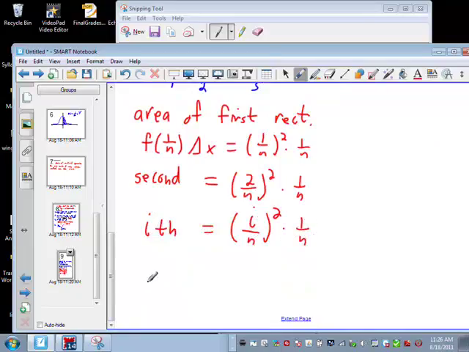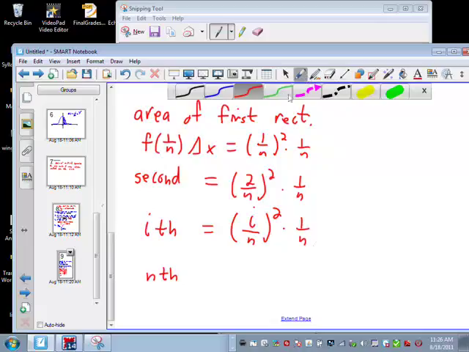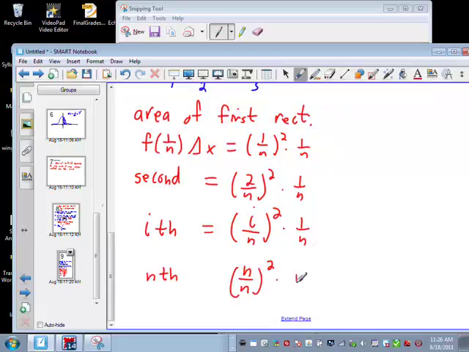Okay? And then finally, the nth one is n over n squared times 1 over n. I'm sorry, it's 1 squared, not 1 over n. So it's n over n squared, and that's the last one, times 1 over n.